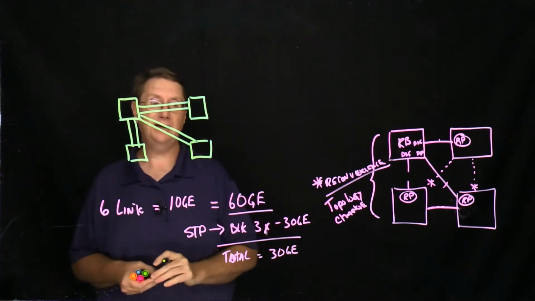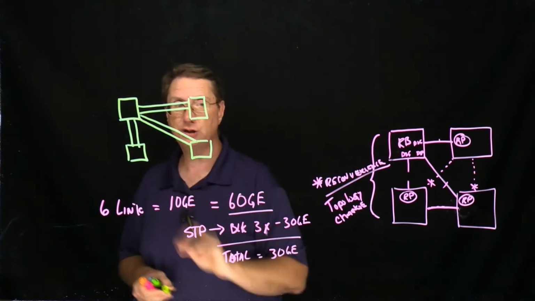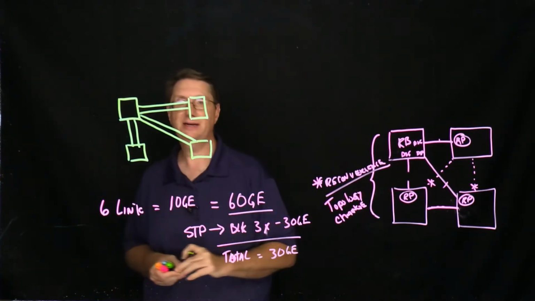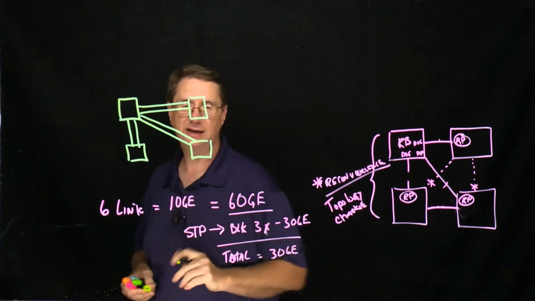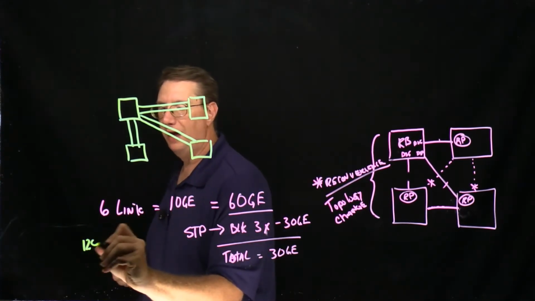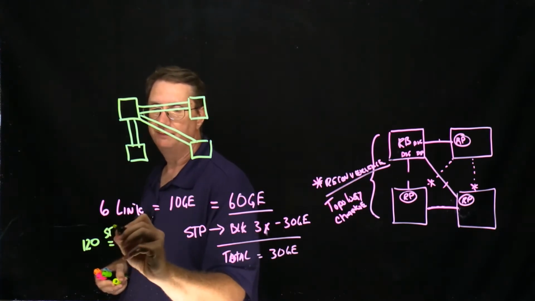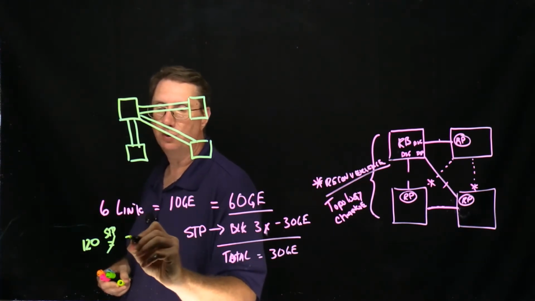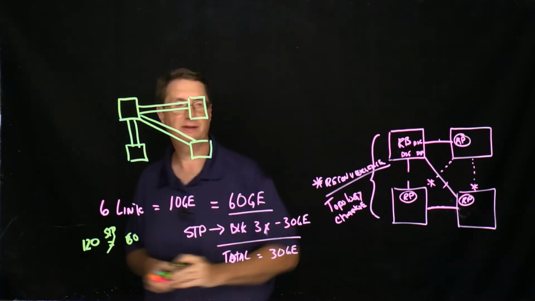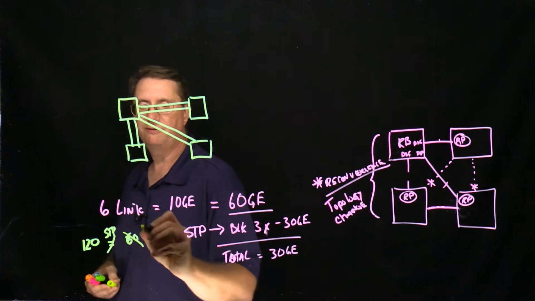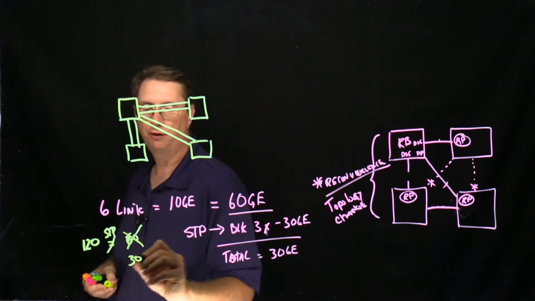So now in this scenario, I have 60 gig actual, and if I were to have a scenario like this over here, what would end up happening is I would have another 60 gigs sitting fallow. So we can see here I would have 120 gigs total throughput, but after spanning tree has its say, I'm going to be down to 60 gigabits of throughput, or at least on first blush. It's actually worse than that. What we're going to find here is it's going to take me down to 30.